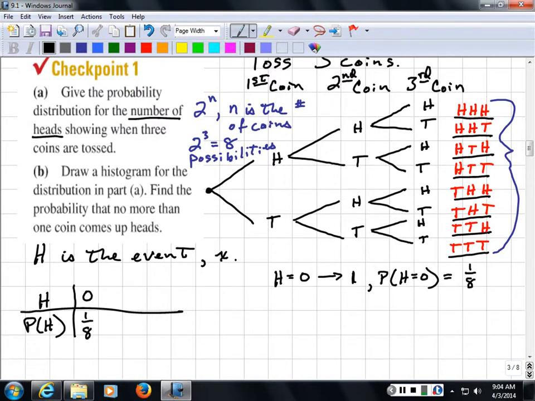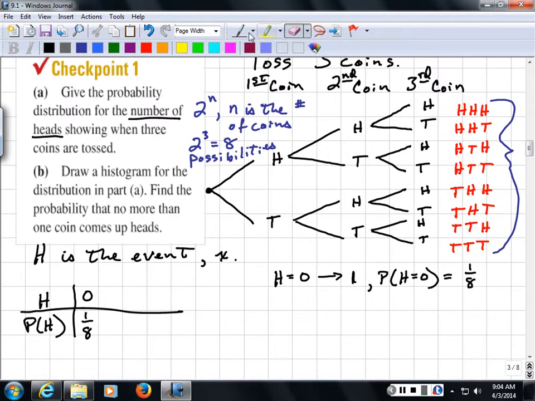Okay. So what about where H is equal to, tell you what, let's do this. Once again. So now we're going to do H is equal to 1.